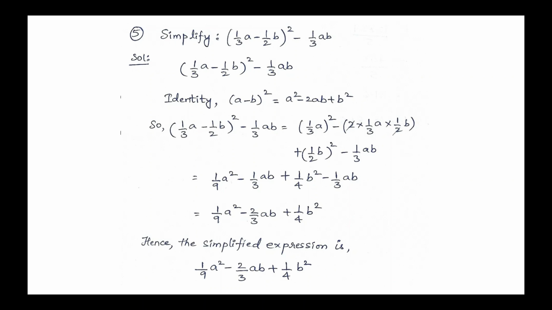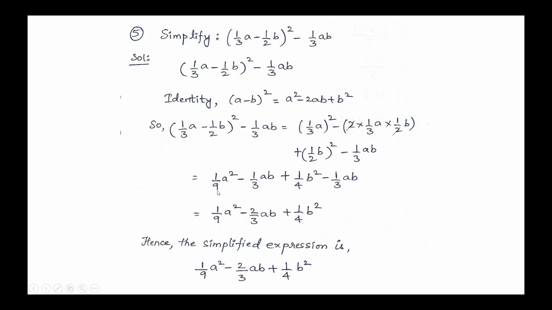We know the identity (a − b)² is equal to a² − 2ab + b². So (1/3a − 1/2b)² − 1/3ab is equal to (1/3a)² − 2 × 1/3a × 1/2b + (1/2b)² − 1/3ab.